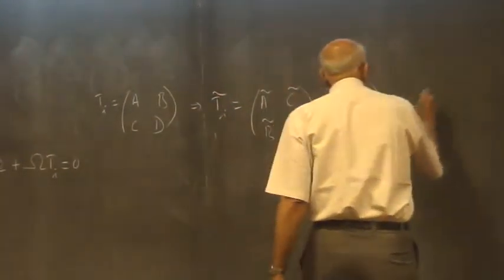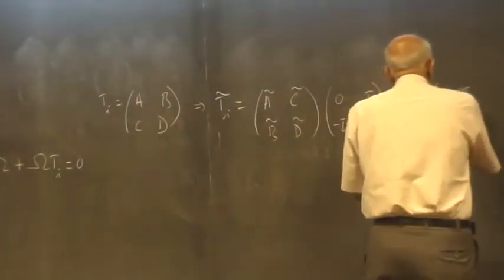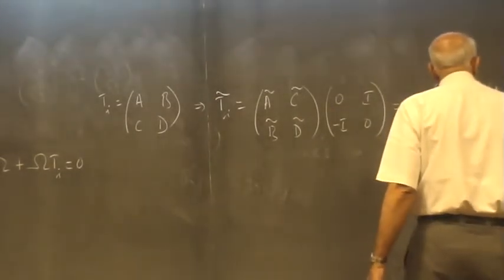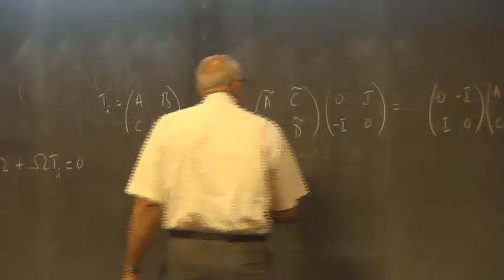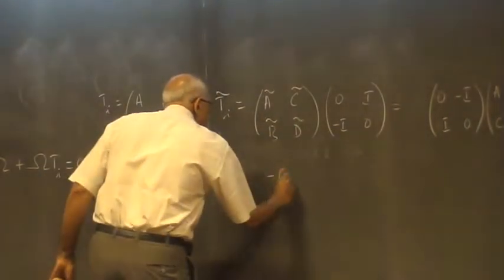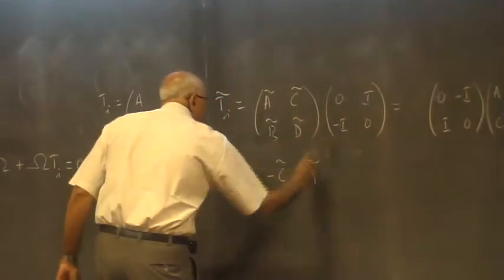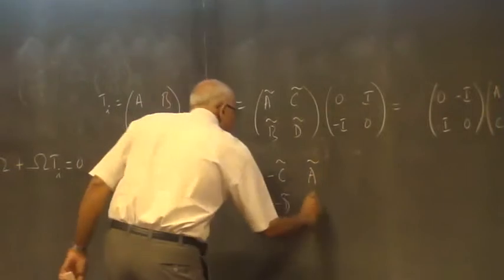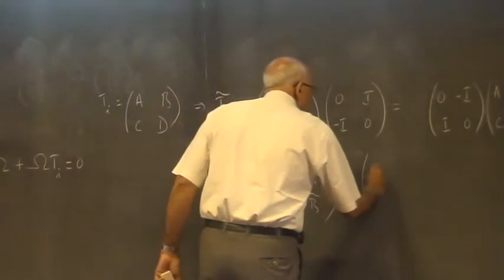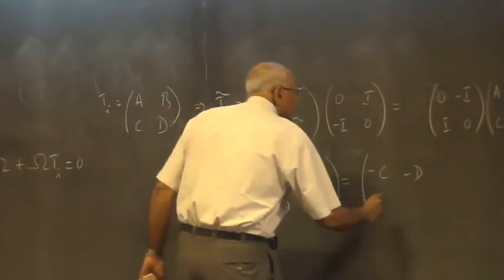This should be equal to minus omega, which is 0, I, minus I, 0, times T itself, which is A, B, C, D. Or it says that A tilde, minus C tilde from here, and then that's A tilde, this is 0, minus B tilde, and then B tilde should be equal to, it goes away, minus C, and then 0, minus D, A, B.